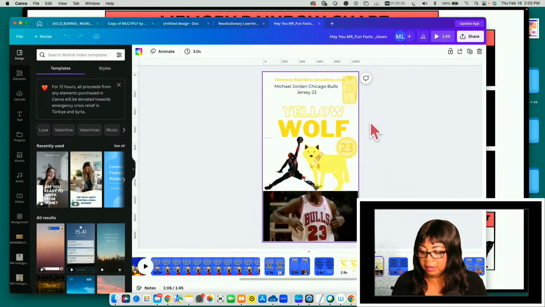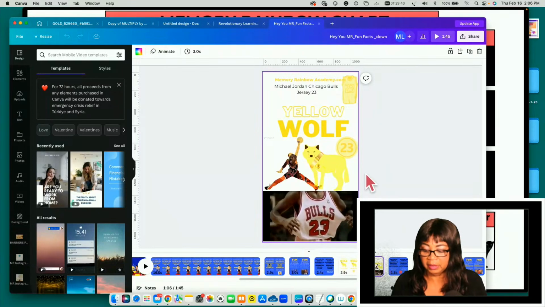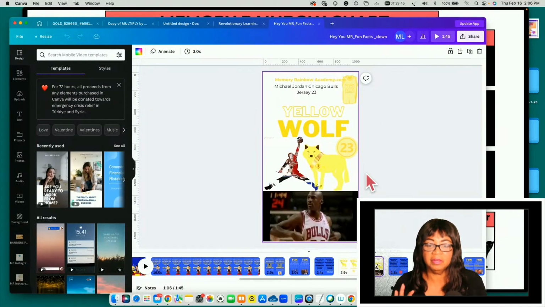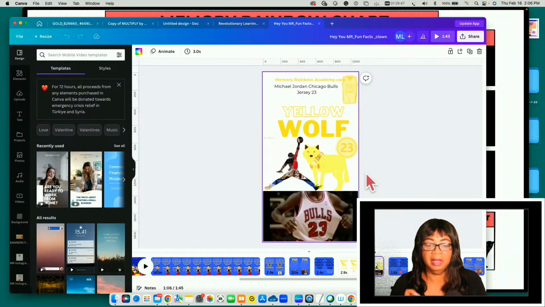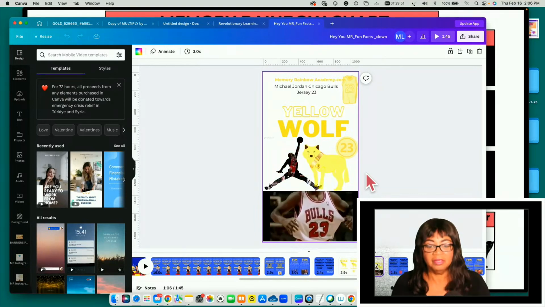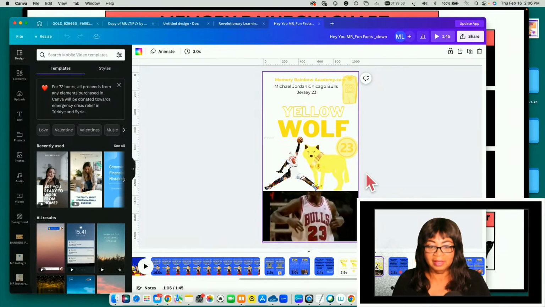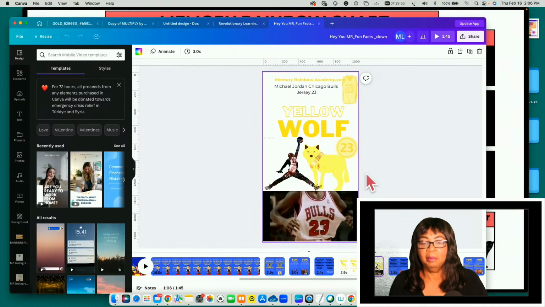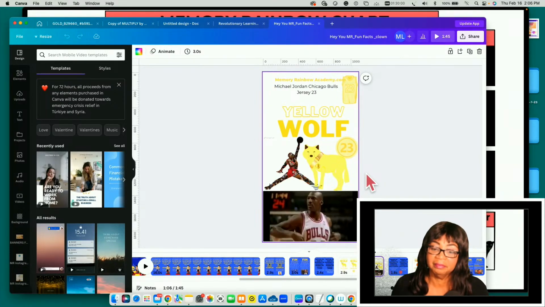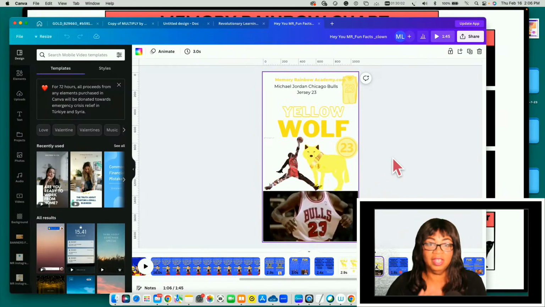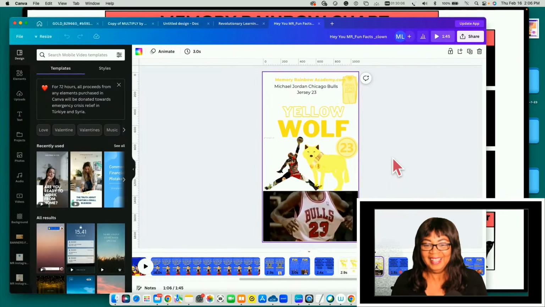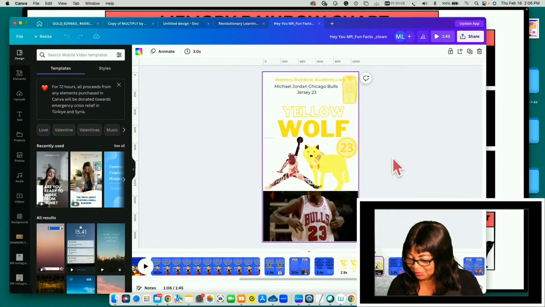So this is Michael Jordan. And so when I think of him, I see this yellow wolf coming out of him. Even though it says Bulls on here, I'm changing that to Wolf, right? So he is represented by the yellow wolf, that's the number 23. He's going to have to take Bulls off and write Wolf. That's what he is. He is the wolf.